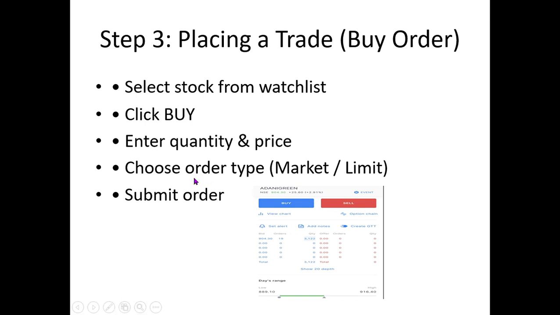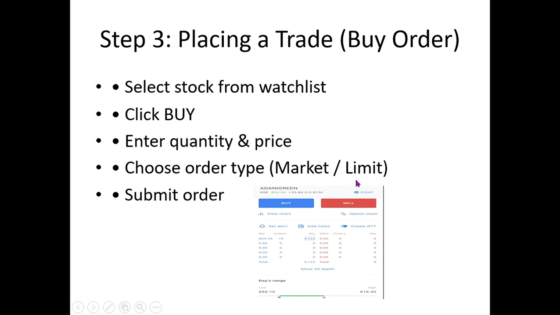The order can be made in two types: market or limit. Buying the stocks at the market rate is market, and limit is where you put a value for the stock and limit the order to it, because while you are placing the order the market rate may vary.